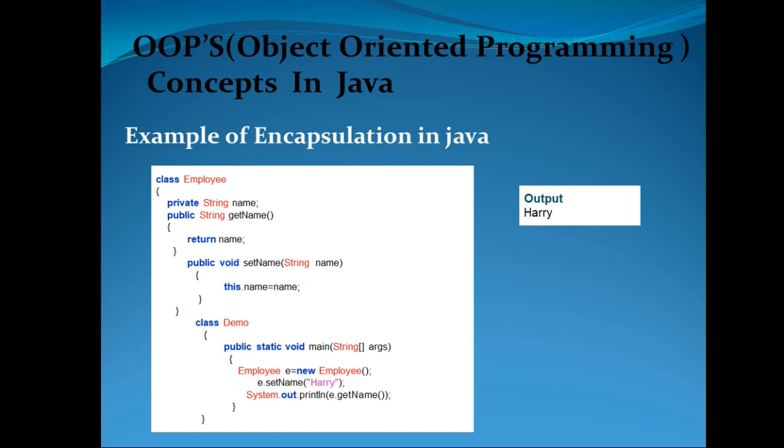After that we have the main class, with public static void main, String args. We create the object of Employee and call the setName method with Harry, and then we print the name. Here Harry is the output. Please note this example. This is a very good example of encapsulation.